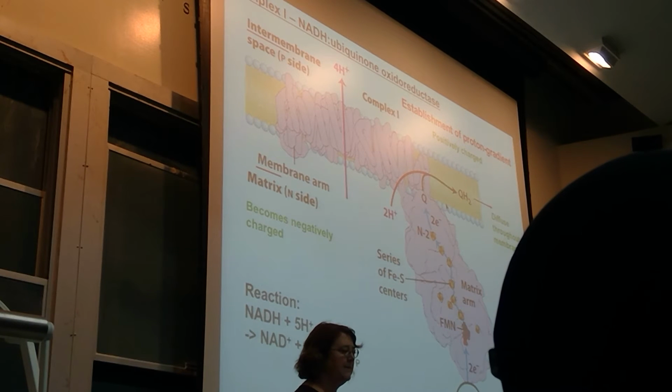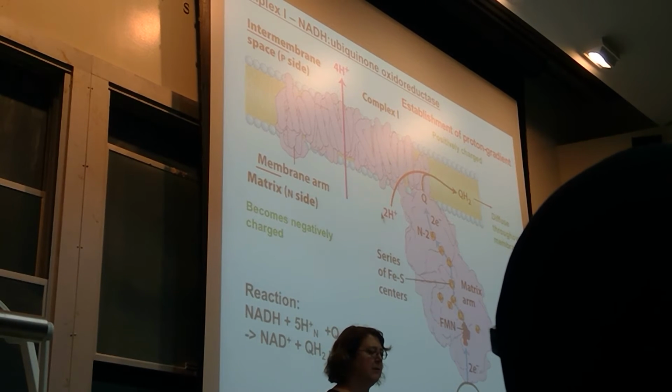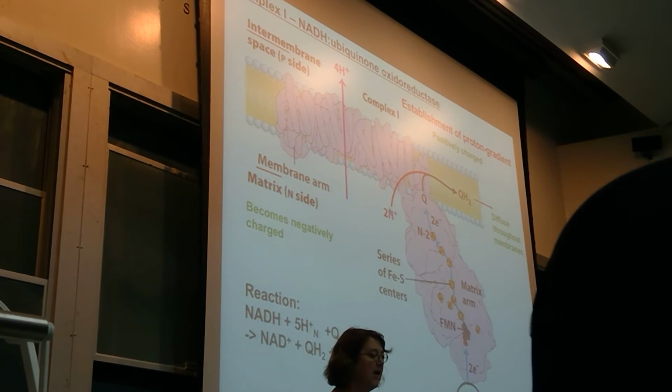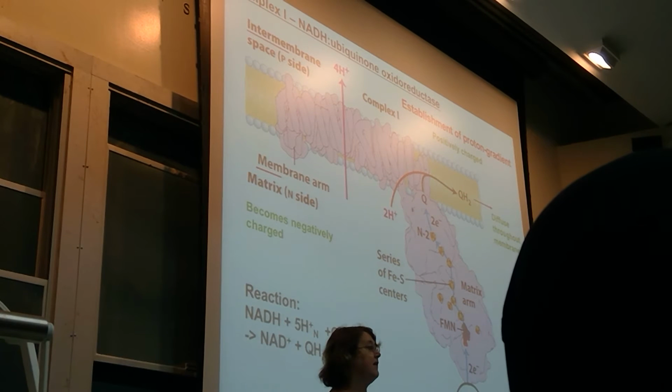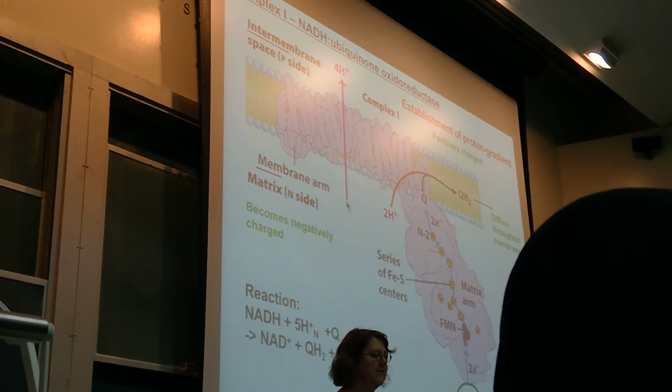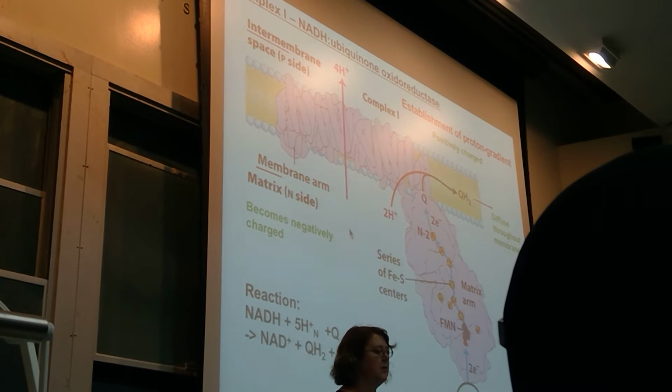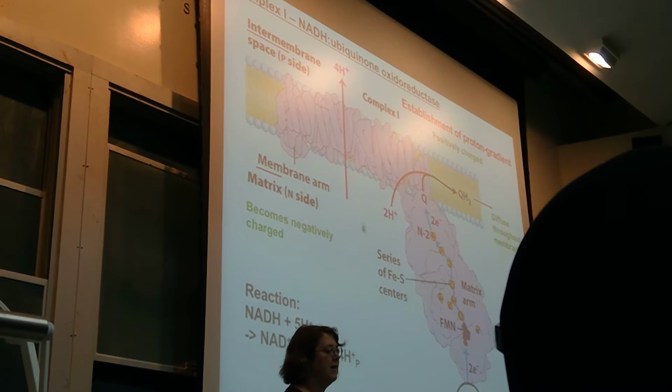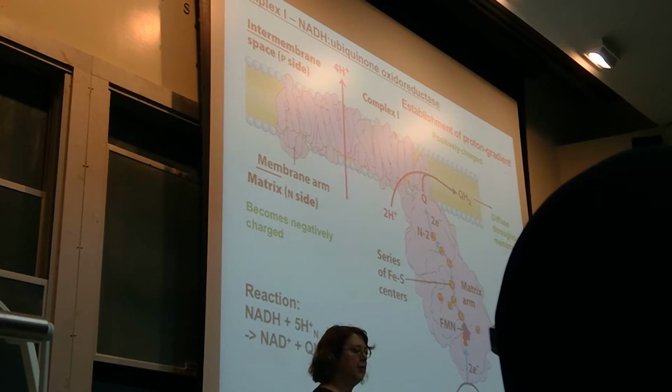At the same time, we're actually having transport. Whenever you have Q being reduced to QH2, you have hydrogens coming in, and then we also have an associated transport of H plus going out. So what's happening is you have a proton gradient being established, and you have a charge being established.